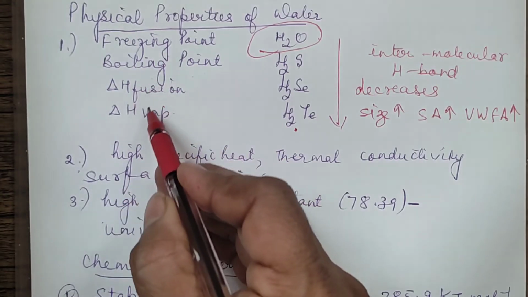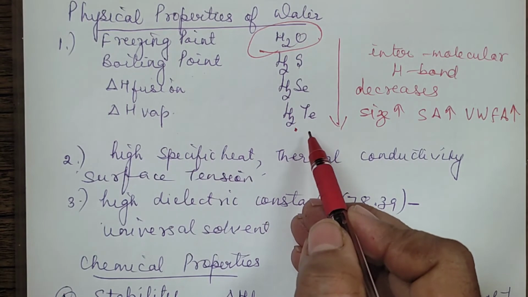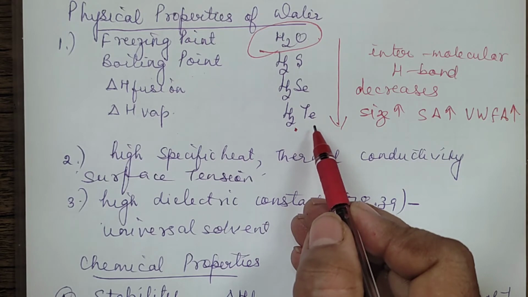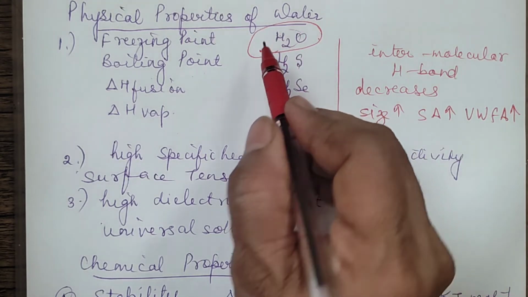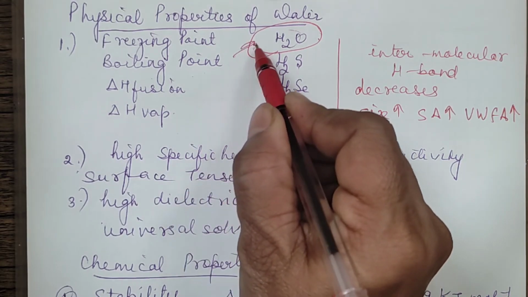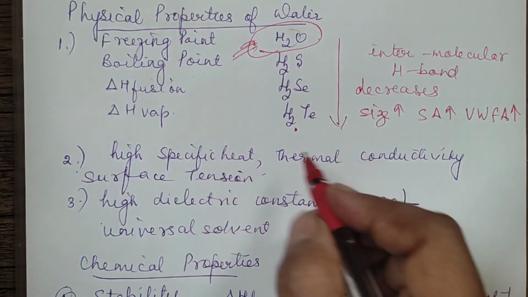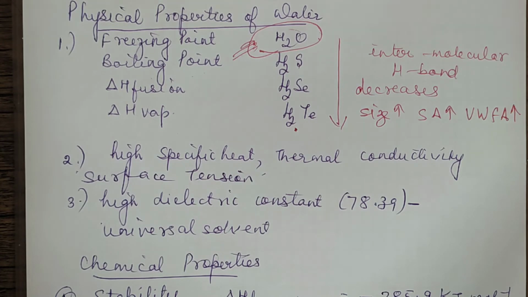So all these properties should be increasing down the group. It is increasing, but water is having exceptionally high. So water will be high because it is having intermolecular H bonding.